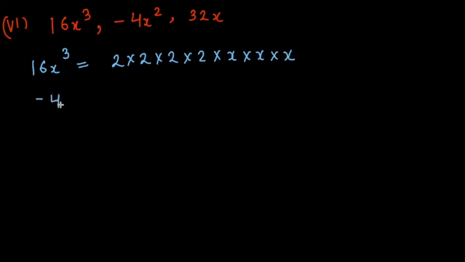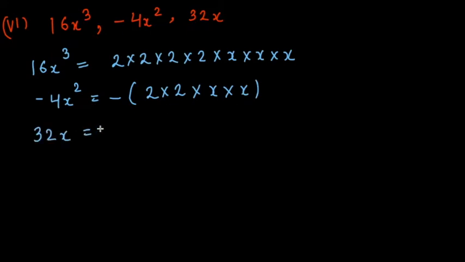Now the next term is given minus 4x square, keeping minus outside. 4 can be 2 into 2, expand x as 2 times. Then 32x, we have already done the factors of 32, 2 2s are 4, 4 2s are 8, 8 2s are 16, 16 2s are 32 into x.